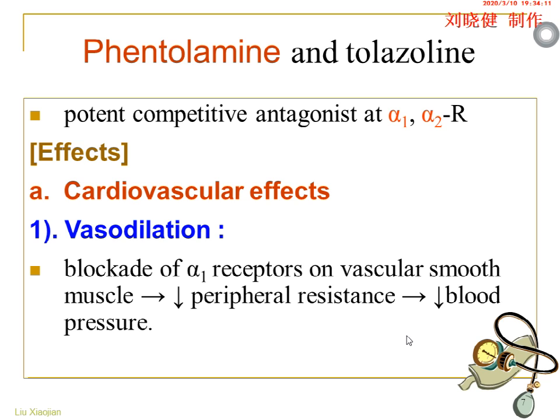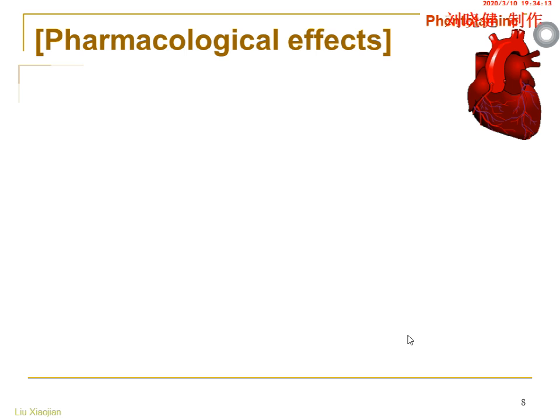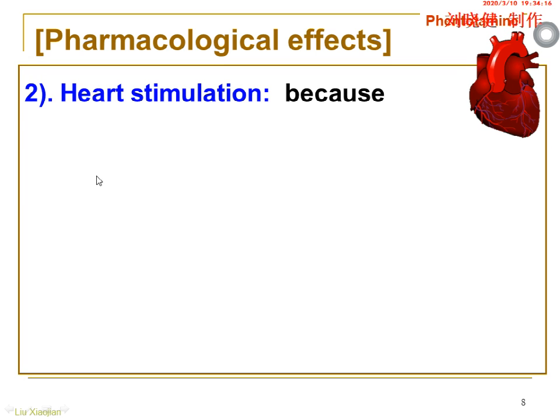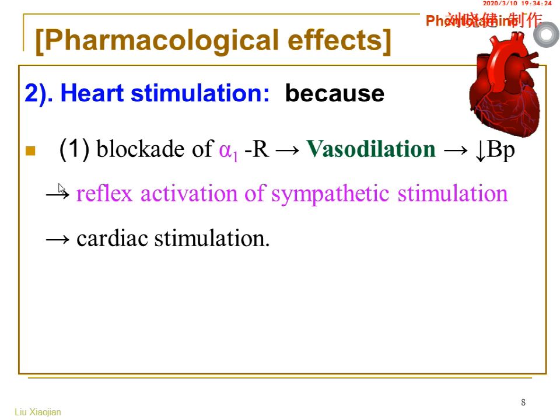response, that change. So it also has heart stimulation. This mechanism includes two kinds. One is from blockade of alpha-1 receptor, because it induces vasodilation, decreased peripheral resistance, and decreased blood pressure.